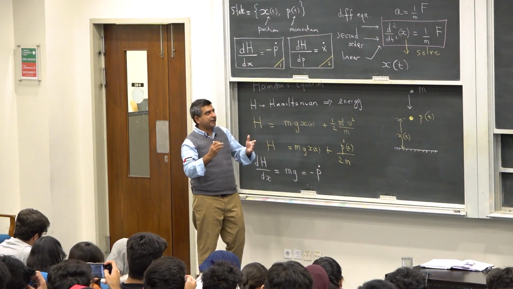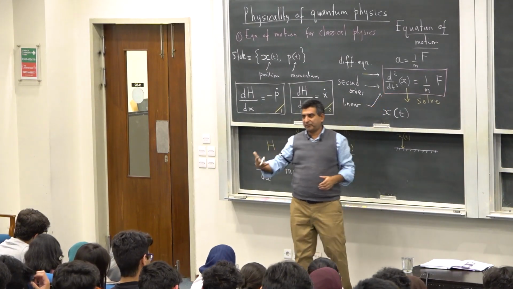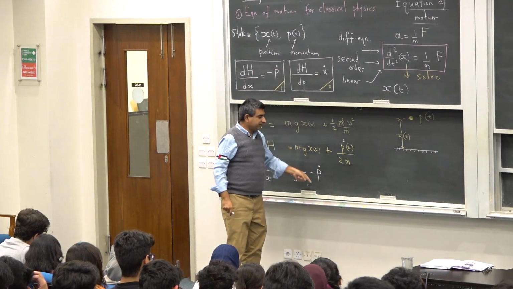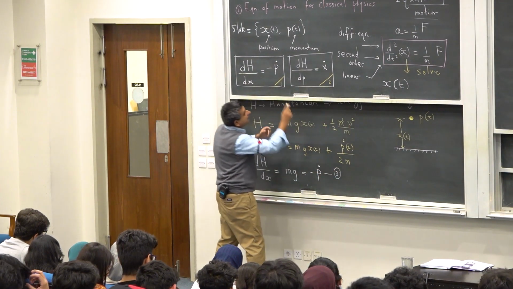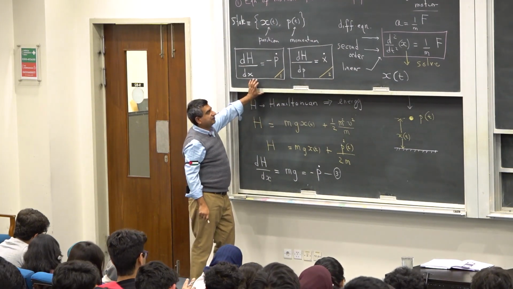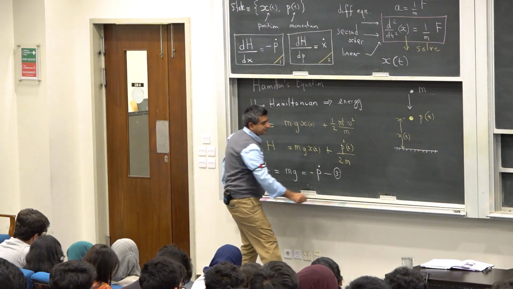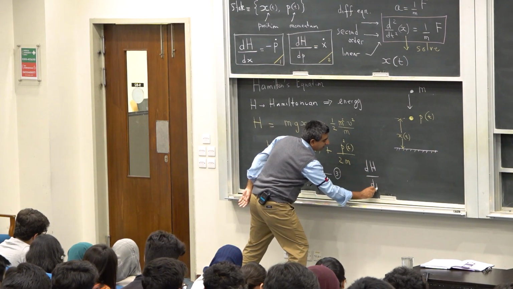Now in order to write an equation of motion, I need to kind of eliminate momentum from all of this. But now I have momentum here on the right hand side. Let's say this is equation number 3. Now let's look at equation number 2, the second Hamilton's equation. I need to differentiate H with respect to p, and if I'm able to do that, what is my result?